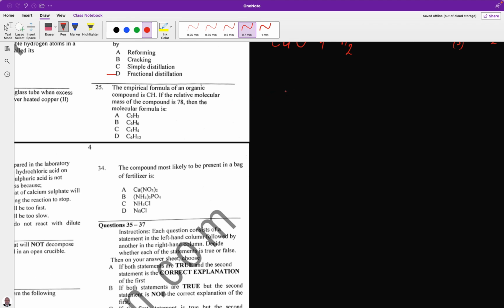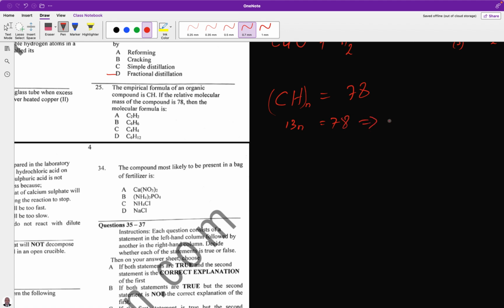(CH)n equals 78. C is 12 plus H is 1, that is 13, so 13n equals 78.